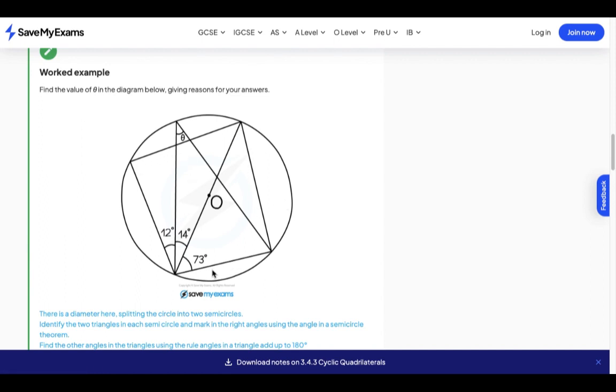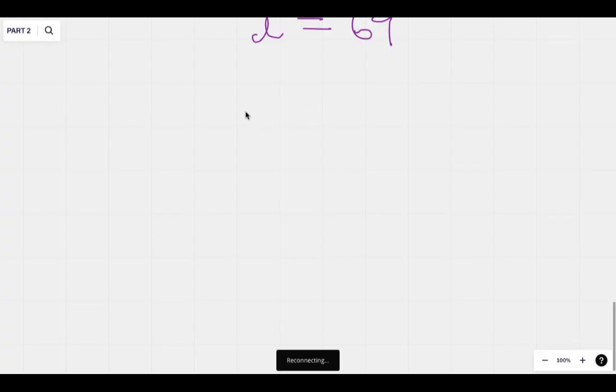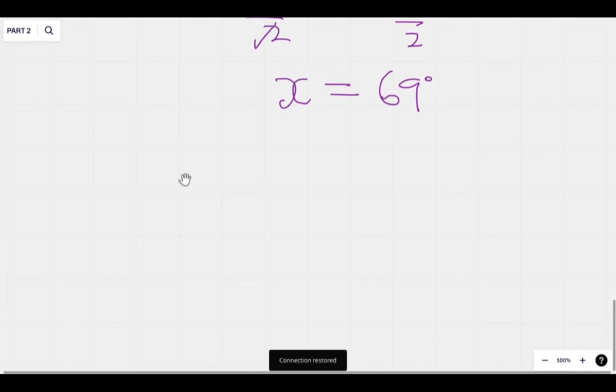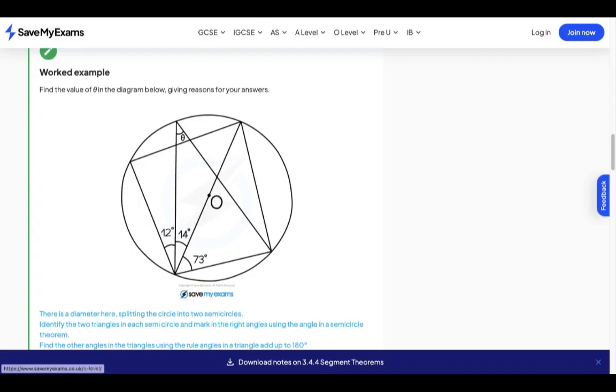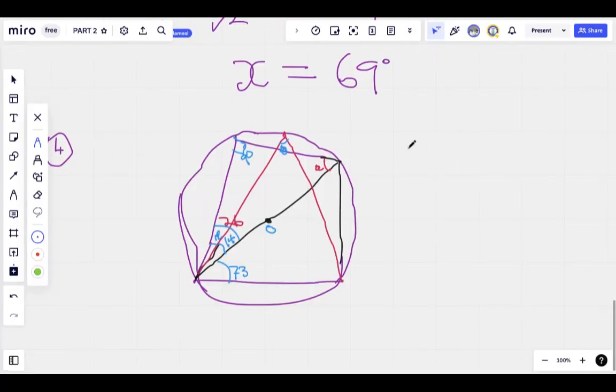We draw a cyclic quadrilateral, we draw a diameter on it, then we draw a triangle. So we simply say A plus 26 plus 90 plus 90 degrees is equal to 180 degrees.